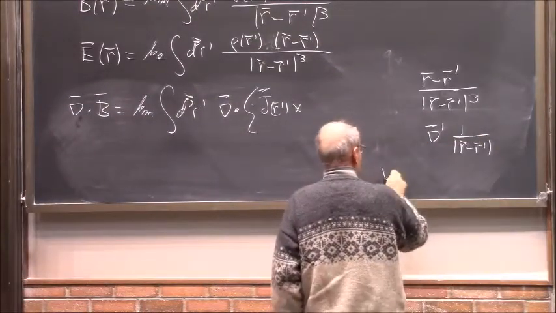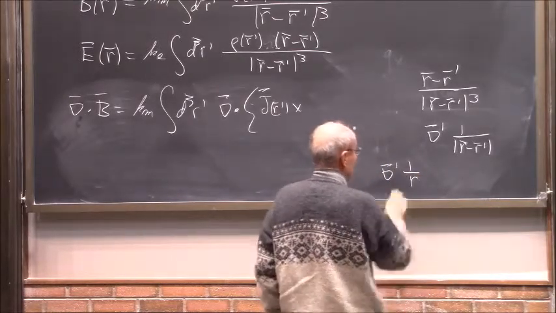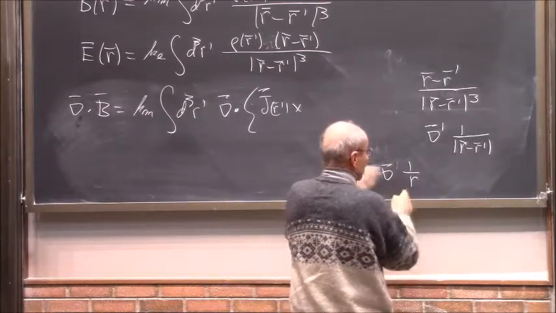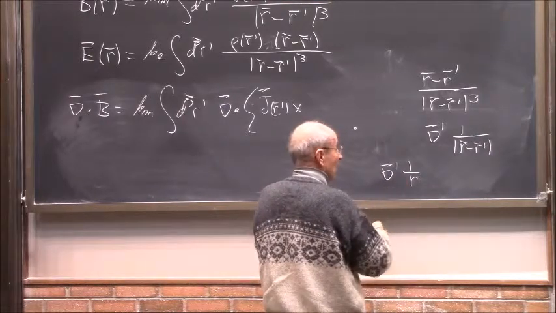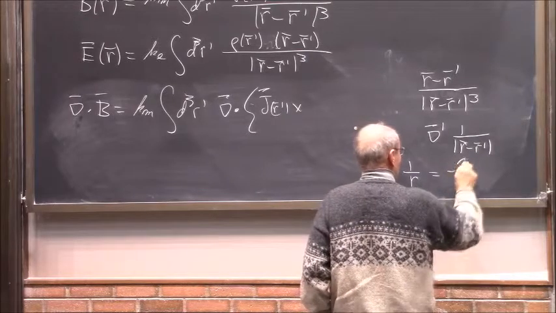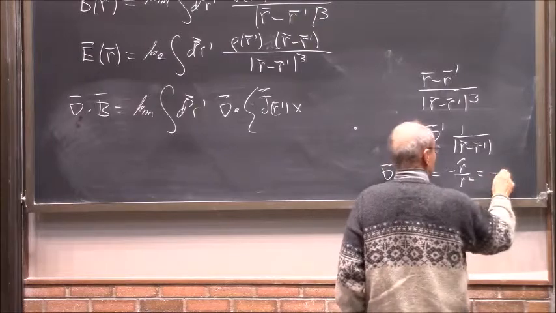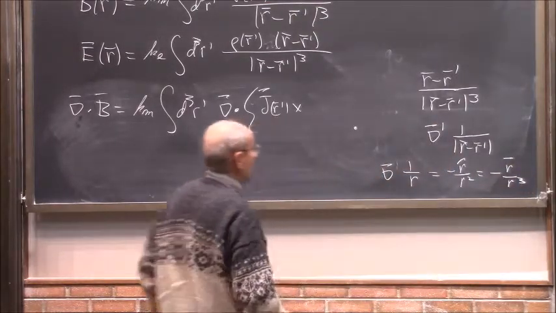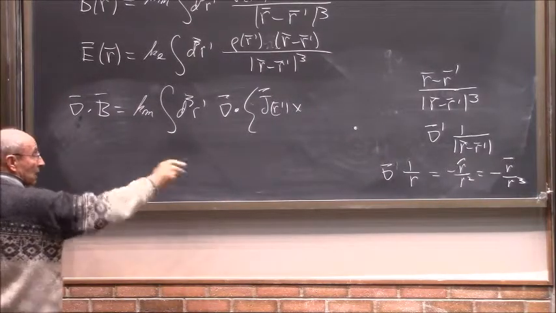Because, consider this, what is the gradient of 1 over R? If you do it in spherical coordinates, you'd have R hat d by dr and so on. And this thing is minus R over R squared, which is minus R divided by R cubed. Now, if you're not clear on that, how would we calculate that?